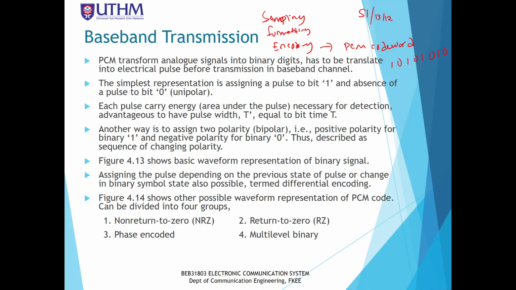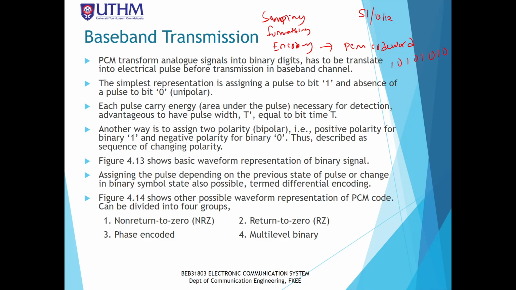Now we want to use a baseband transmission. That means we want to convert the PCM code word into electrical pulses. The way we can do that is by using a line coding.